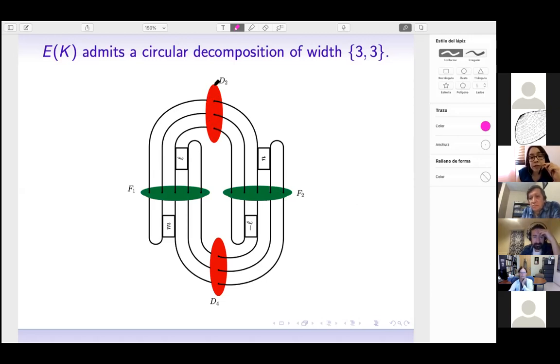And the red one leads to a genus 1 surface.